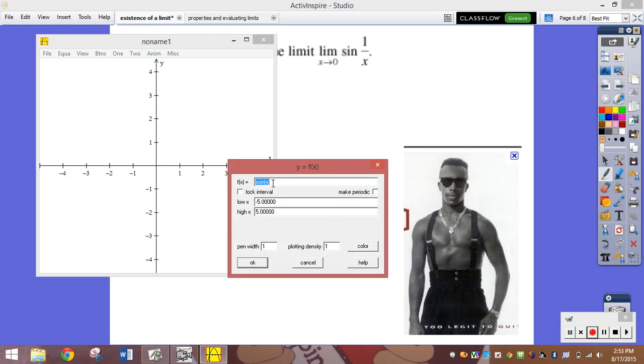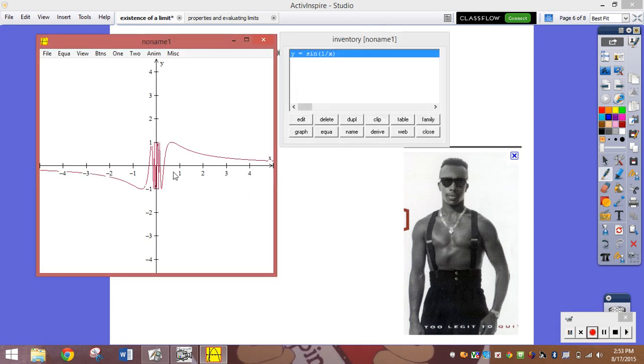And so my function here is sine of 1 divided by x, so I type in sine of 1 divided by x, and then I hit OK. And so what I have here is something a little more clear than what is on the calculator screen. However, I can zoom in and zoom out to get a clearer idea of what the graph looks like.